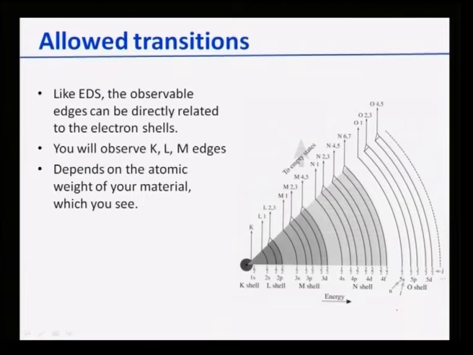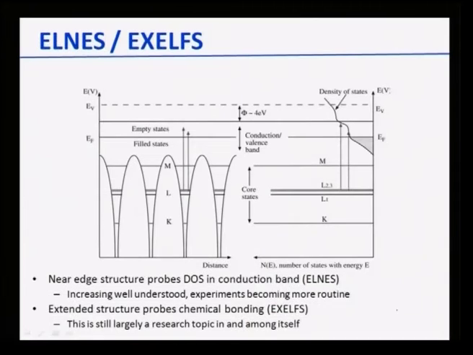But here you can have even intra-band transitions, like within the M shell you have M1, M2, M3, M4, or within the N shell N1, N2, N3, N4, N6, N7 like that. So these transitions are also possible. These are actually spin-orbit transitions. Now obviously it can also give us information about the energy loss near-edge structures, which I have shown you in the last slides.